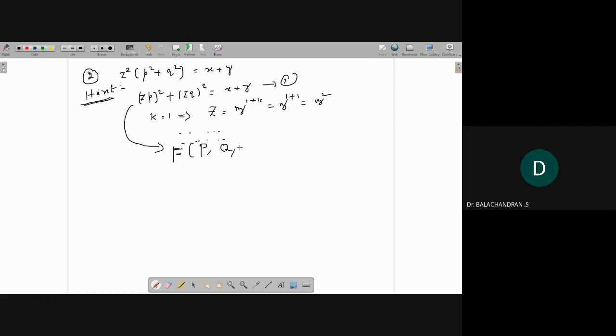Usually we will call it the equation separable type. F of p comma q equal f of p comma x on one side, and q and y on the other side. So this is reduced to the separable equation.